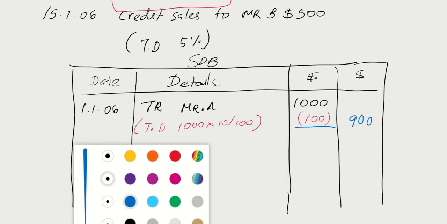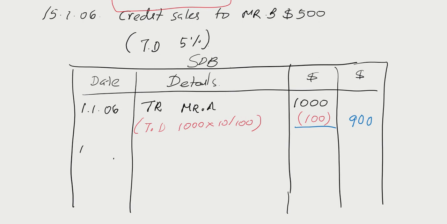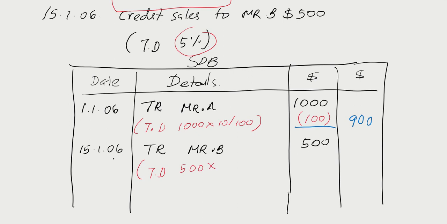Let's look at the second example, transaction 15/1/06. Trade receivable Mr. B. You sold for 500, but he avails a trade discount of 5%. So 500 into 5 over 100, which gives 25.